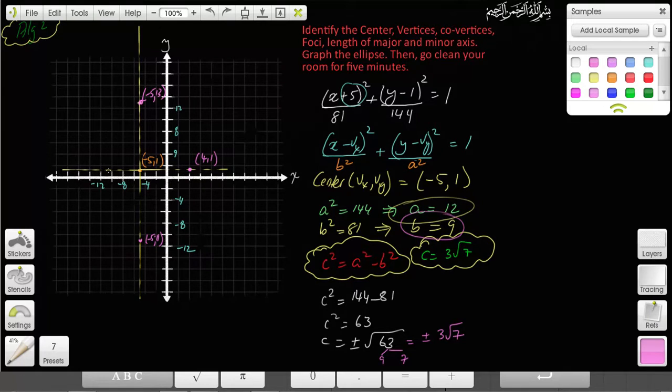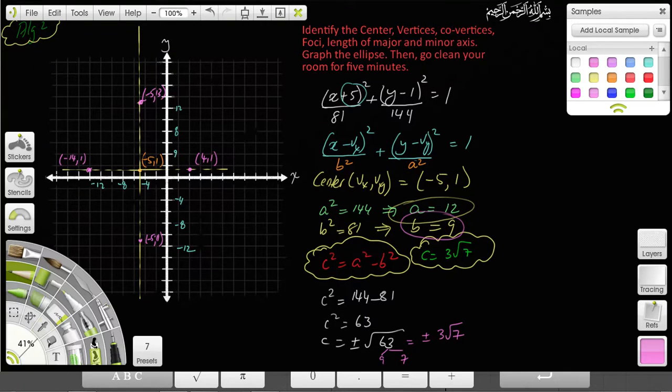So B is 9, so negative 5 minus 9, that's negative 14. Correct? Okay, that's right. So that's going to be over here. So that's going to be negative 14, 1. Okay, so we got our vertices.